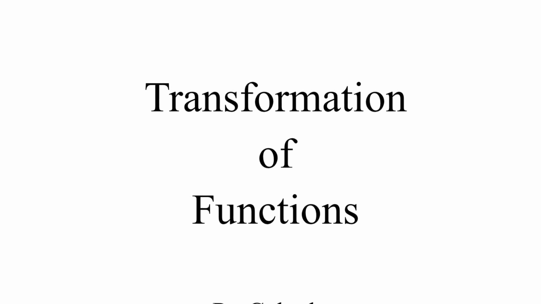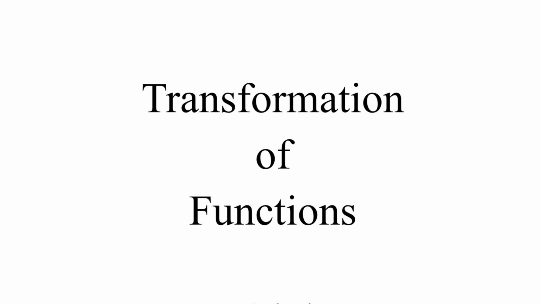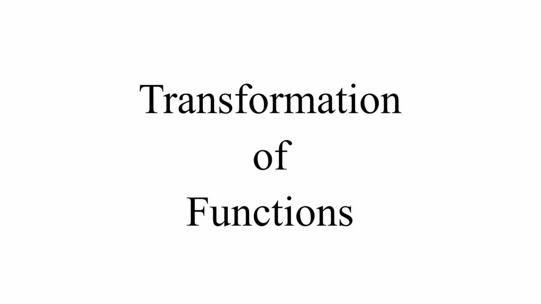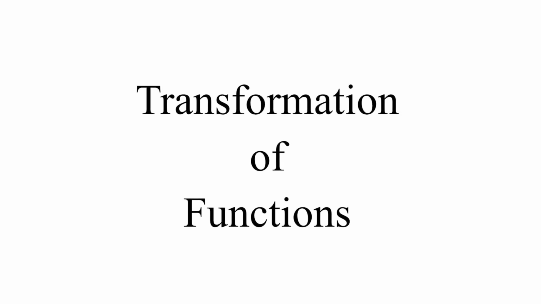Observing the graph, we notice several transformations. The original toolkit function has been flipped over the x-axis. Some kind of stretch or compression has occurred, and we can see a shift to the right 3 units and a shift up 1 unit.